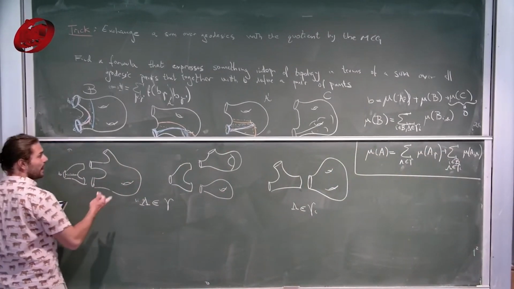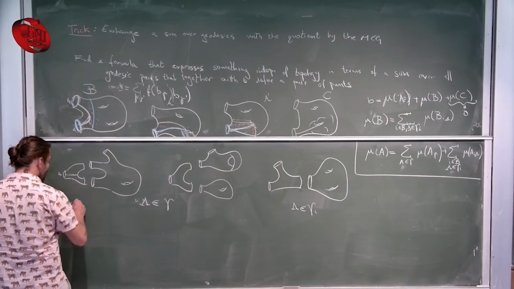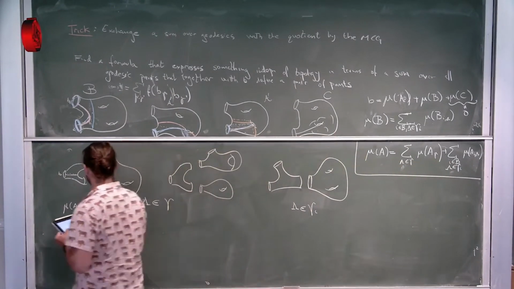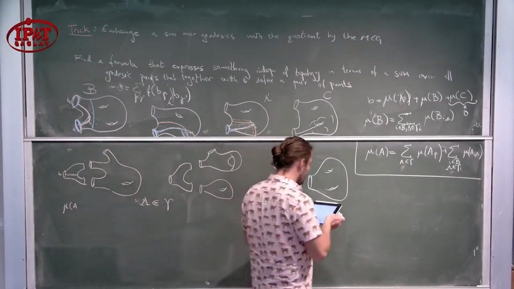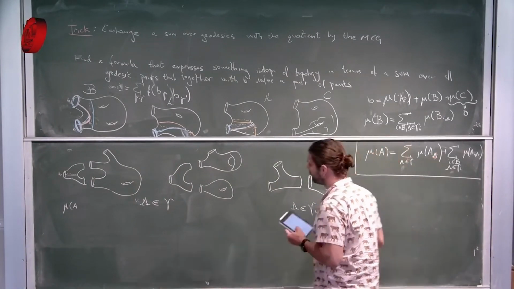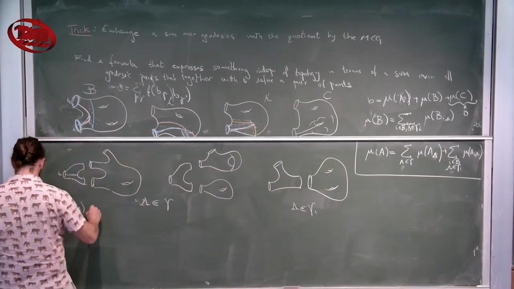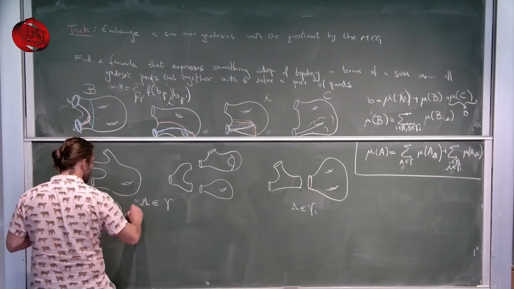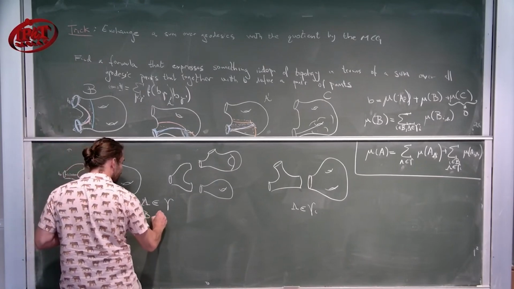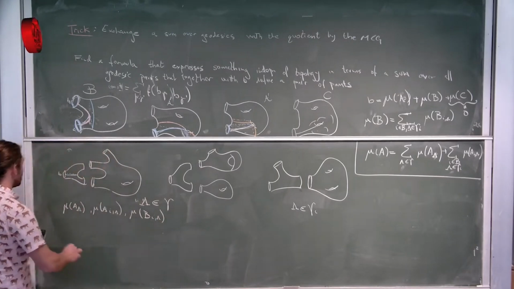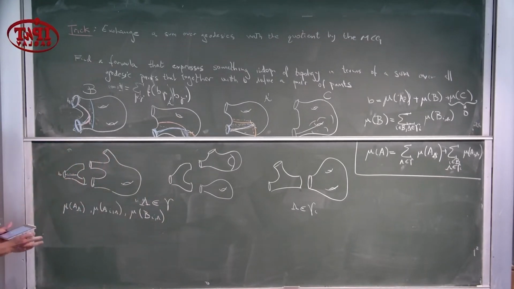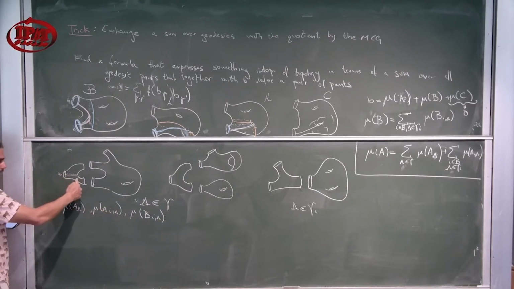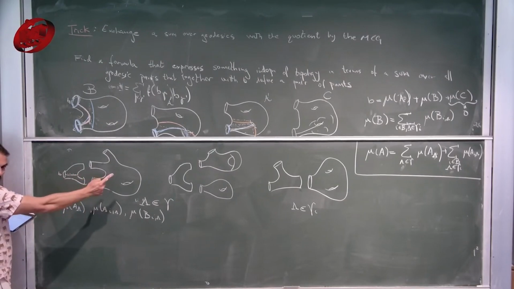So the nice thing is that you can now kind of intuitively see that these measures mu A of gamma, mu A of lambda, mu A I of lambda, and mu B I of lambda only depend on properties of this freehold sphere, because the geodesics that define these three different sets are completely contained within each pair of pans that defines this set.